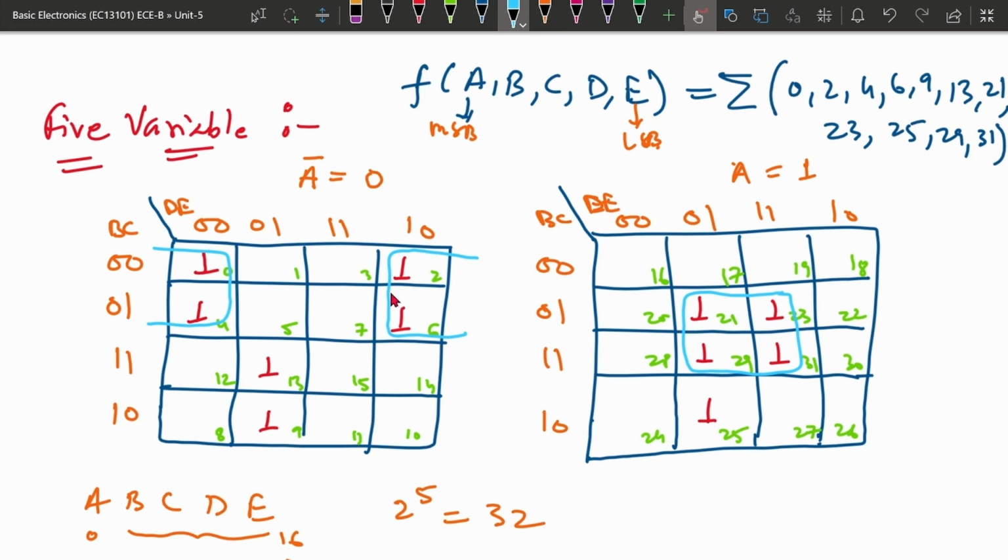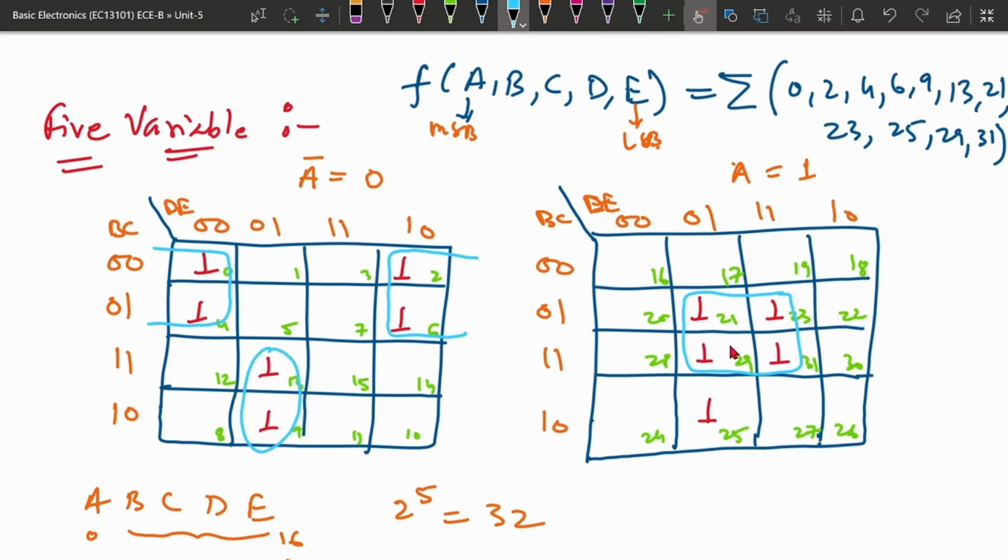And once we have done the quad, one quad we can further include is like, we can consider this one. If we superimpose this all 16 over here, this and this can make a quad. But even if we are not able to make the quad, then also we can simplify it with the help of pairs also.